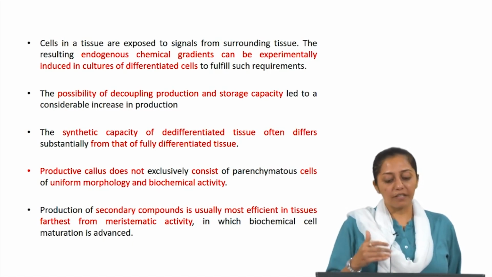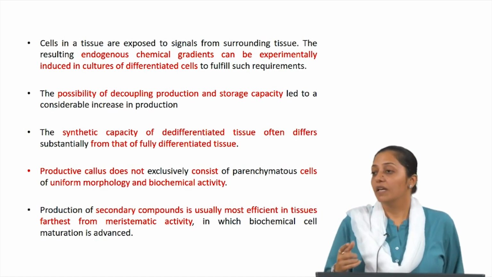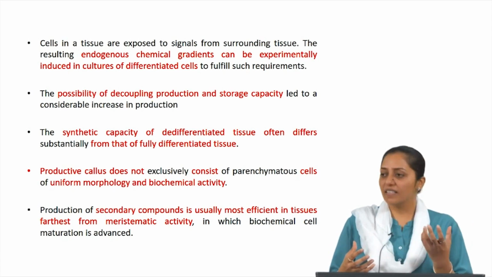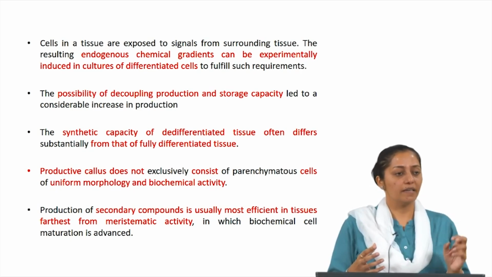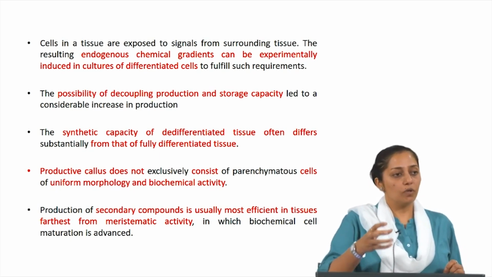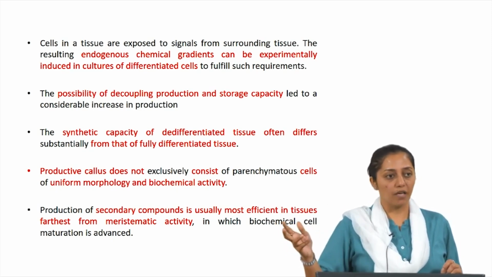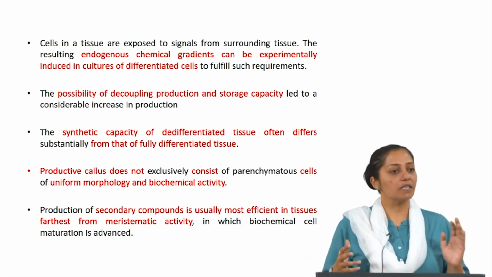Now the possibility of decoupling production and storage capacity, yesterday we were talking about this. Generally it has been observed that these are intracellular compounds, the cell produces inside. Now in order to improve the production rates, if you increase the rate at which it is metabolized or transported outside, it will increase the rate of forward reaction, which is the rate of the synthesis.